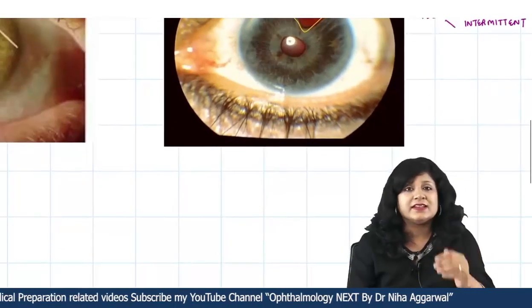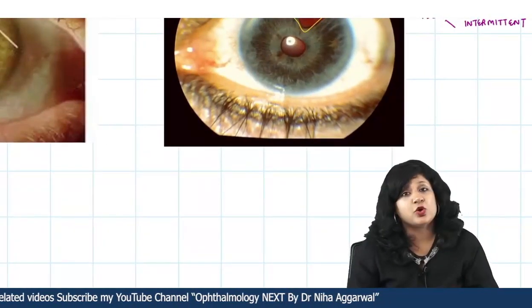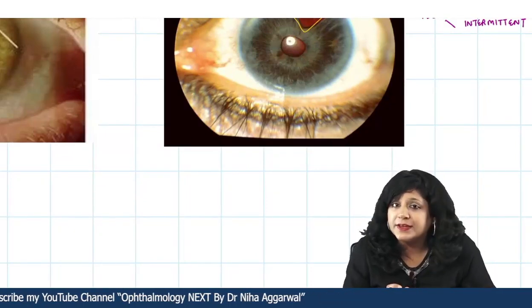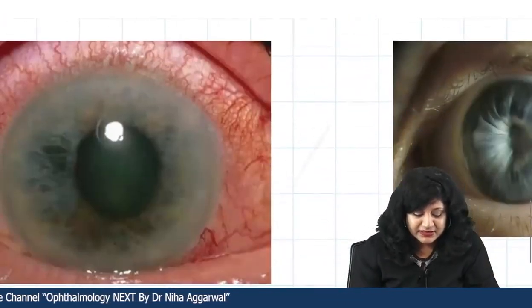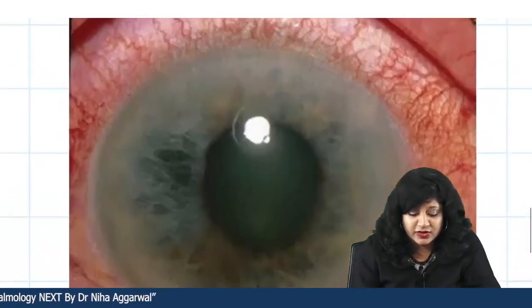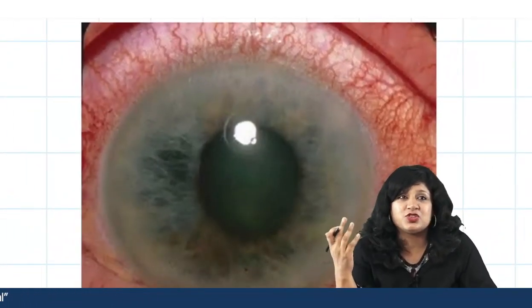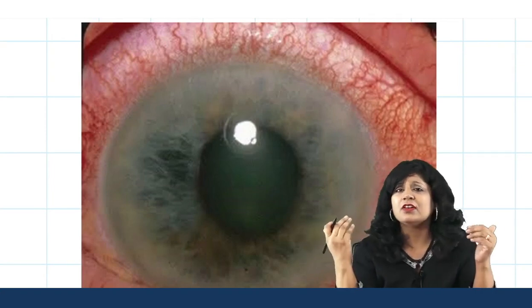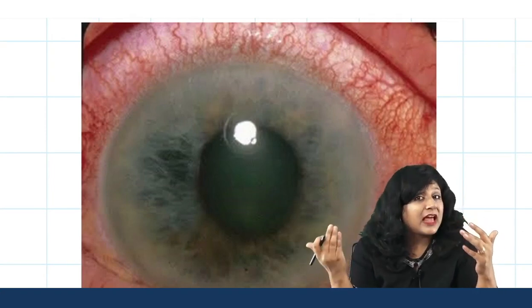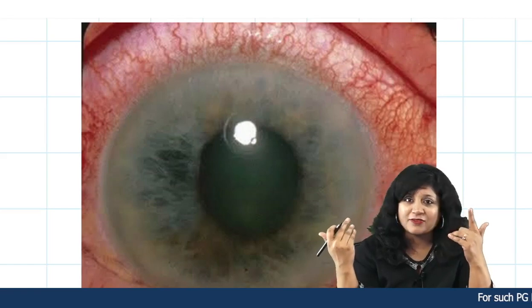Let us try to understand why laser iridotomy or peripheral iridectomy is important. Can you visualize this image? Can you think of something which is very emergent and urgent, or can be called an ophthalmic emergency? Yes, you have guessed it right.